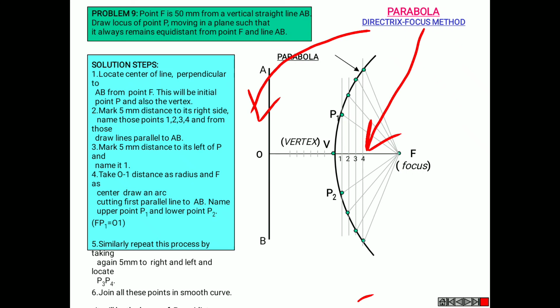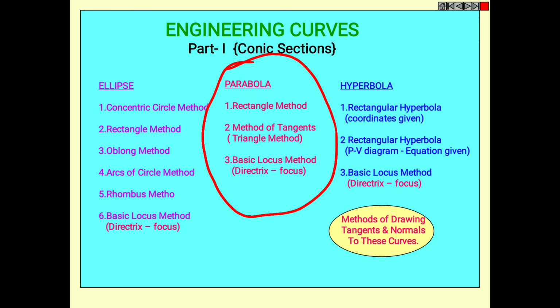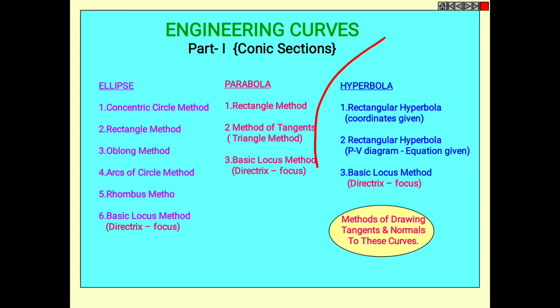We have only 3 methods in it, and the next topic is hyperbola. We will see a light introduction of it. So this is your hyperbola, and the same in this also, we have only 3 methods to make it. The first one is rectangular hyperbola with coordinates given, the second one is rectangular hyperbola with PV diagram, nothing but equation given, and the third is the general method called basic locus method or directrix focus method.